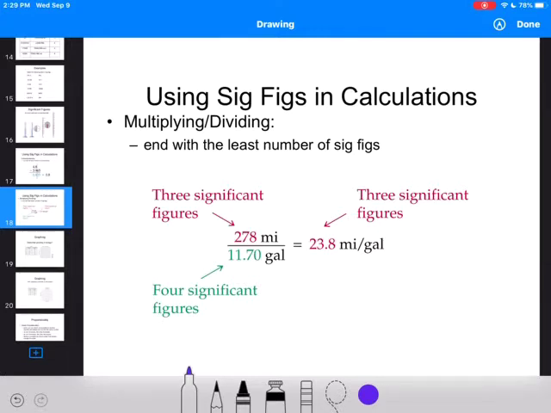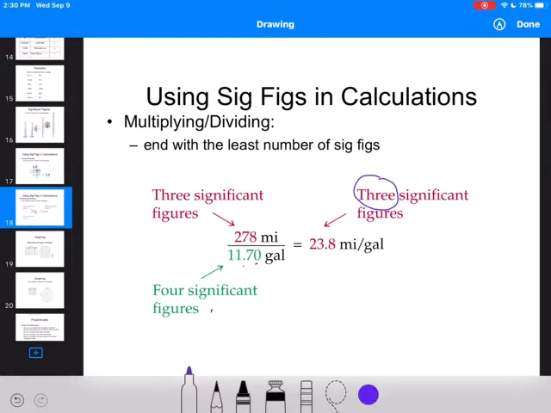If I have a value like here in my numerator that has 3 significant figures, hopefully you can confirm that the bottom number has 4 significant figures because that 0 is trailing, but you see a decimal place. If I have 3 significant figures and 4 significant figures, my final answer can only have 3. Again, I'm limited to the least number of significant figures.